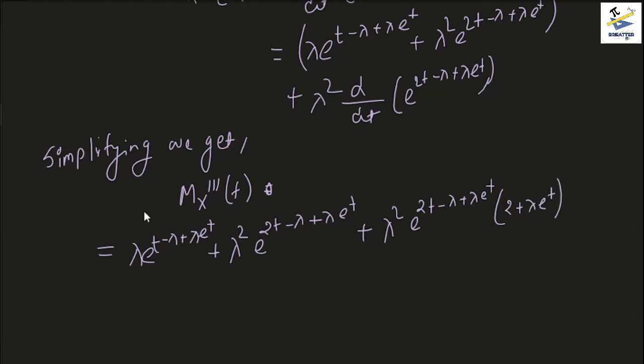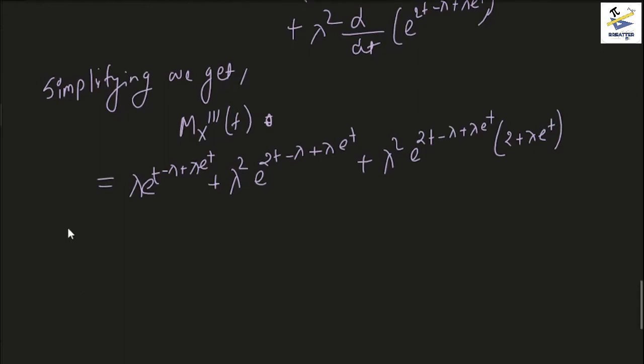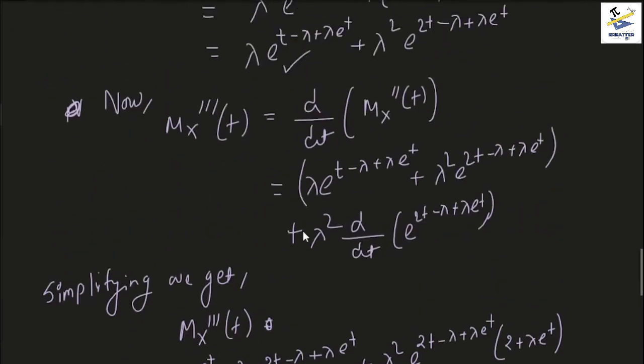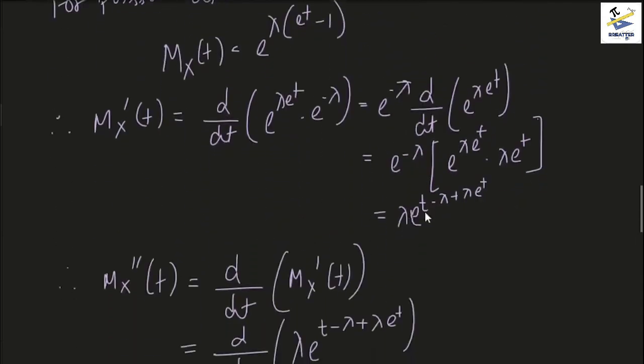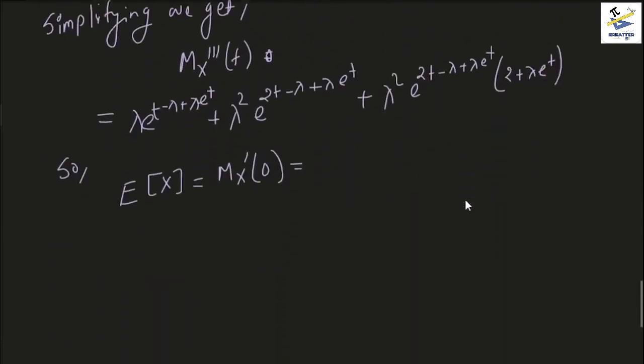Now it's time to check if the moments match. So E of X should be equal to this, right? So what is this? Let's go back and check. This should be this thing, lambda into e^(t minus lambda plus lambda e^t), with t at 0.